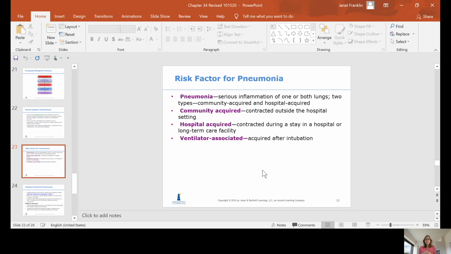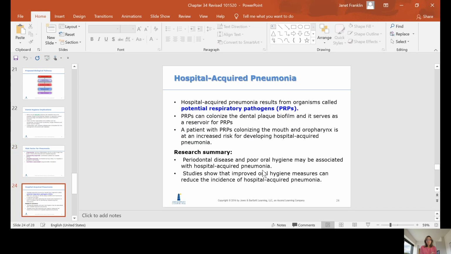So the risk factor is serious inflammation of one or both lungs, community-acquired or hospital-acquired. Community-acquired are contracted outside of a hospital setting. Hospital-acquired are contracted during a hospital stay. And then there's ventilator-associated, acquired after intubation. We're hearing so much more about intubation with COVID now.